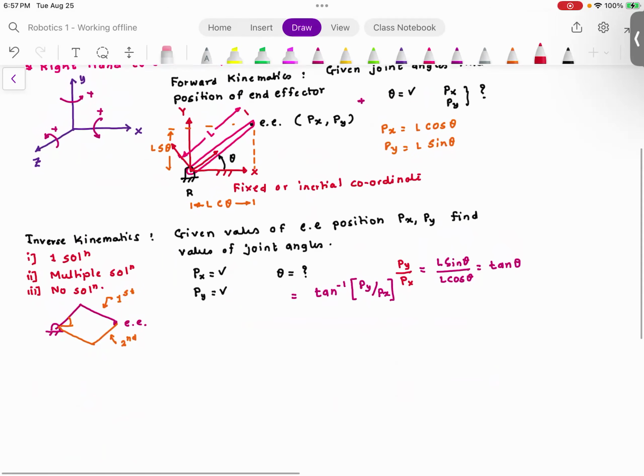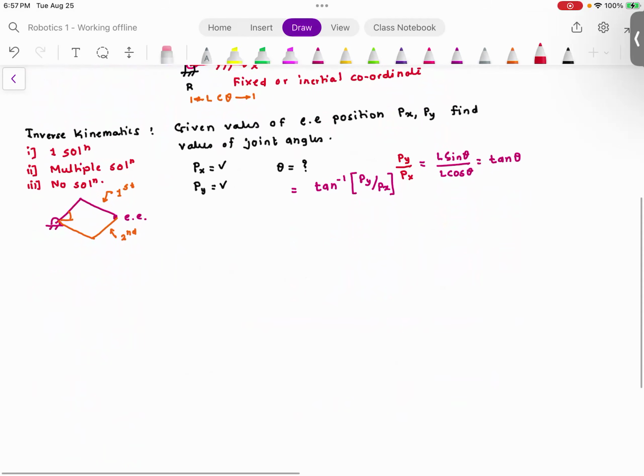Okay, next part, which is extremely important, and I want everyone to pay attention, is we are going to derive rotation matrices. So now here is a problem. We have two coordinate systems. This coordinate system, I'm going to call x naught and y naught.